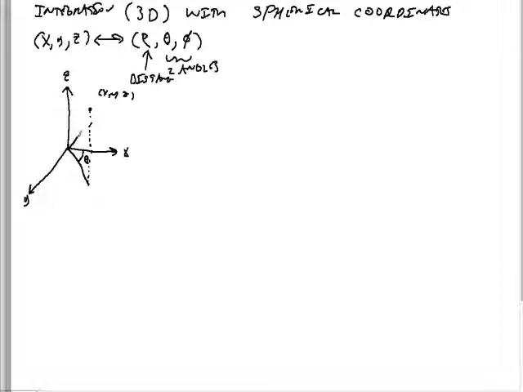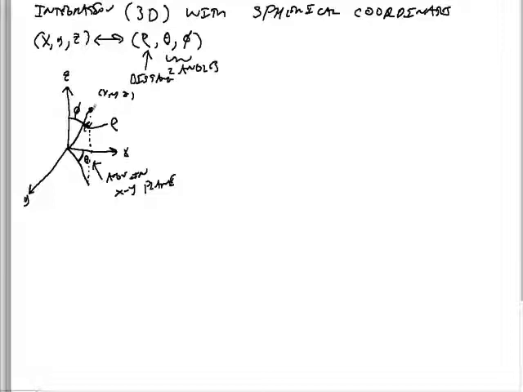We put a line emanating from the origin to the point itself, and that distance there is going to be the distance rho. Okay, so rho is the distance from the origin, and then we have an angle that represents the angle in the xy plane. So theta is the angle in the xy plane. And to get the height, we need one more angle. So we have an angle emanating off of the z-axis. So it's phi right there.